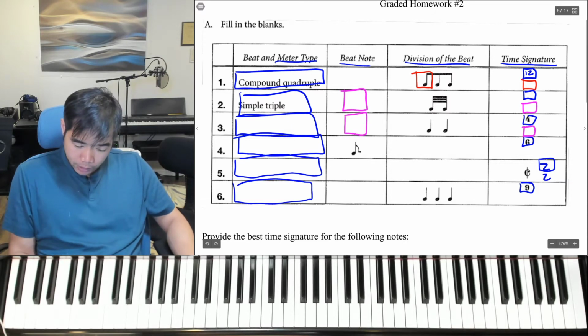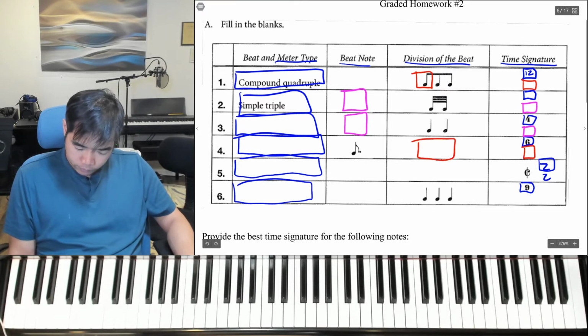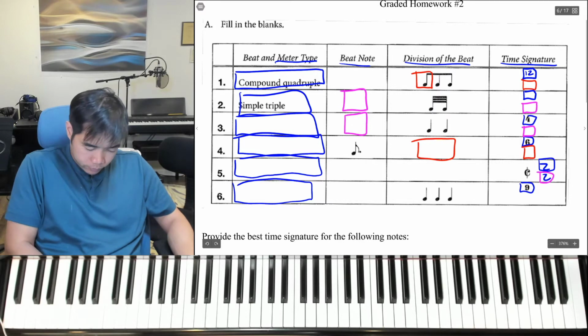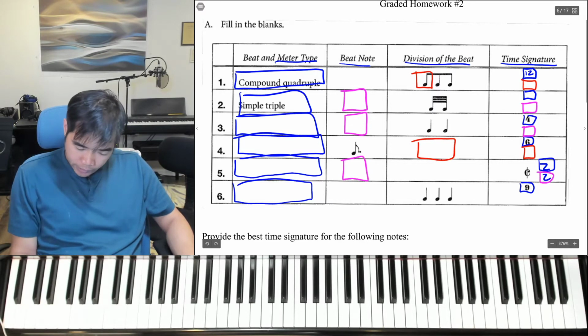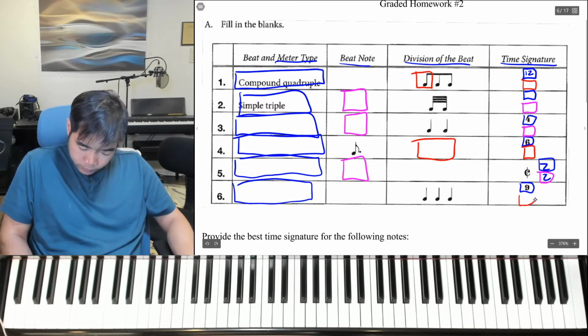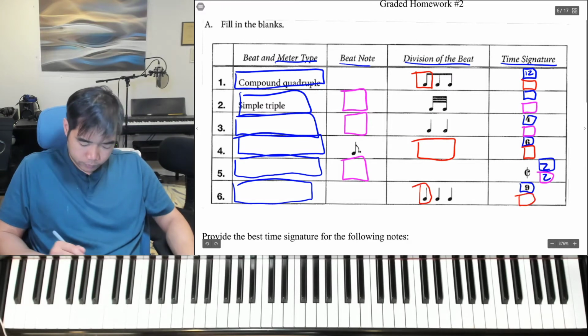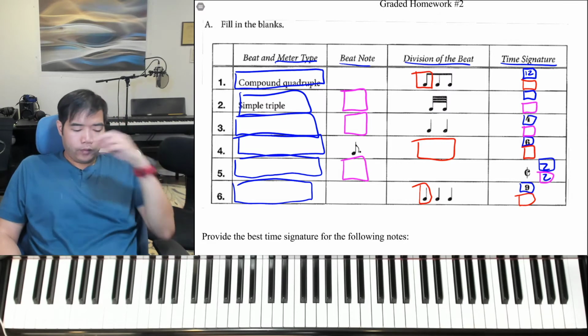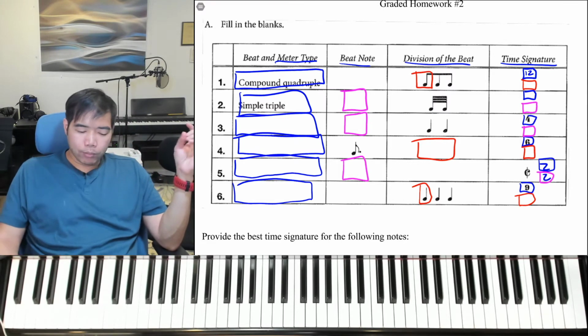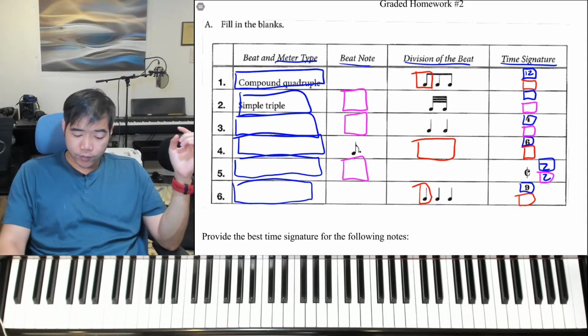This is compound time. Simple time. And compound time. Okay. Notice that already completes most of the information for ourselves.